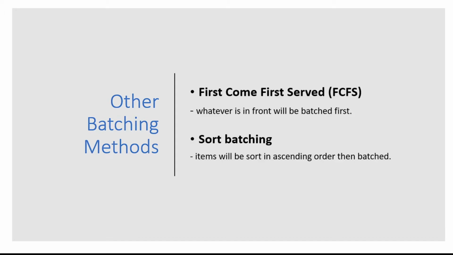For the sort batching method, sorting the list in ascending order is expected to reduce the distance by a lot. This is because by sorting a list in ascending order, the list could consolidate all similar items together and keep items in proximity together.